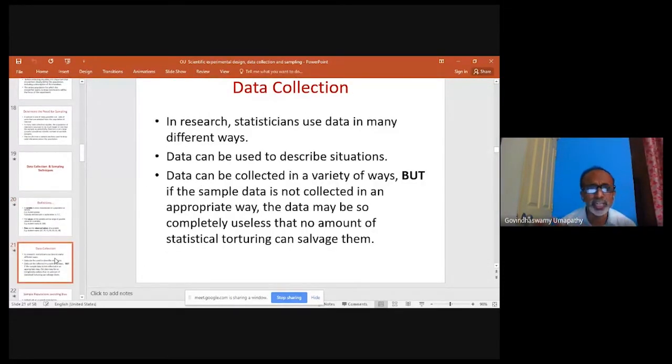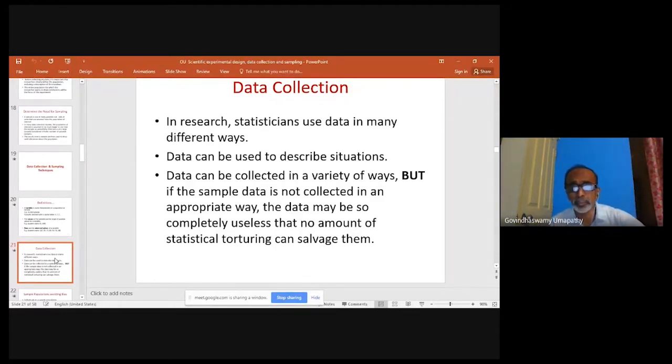In data collection, as I mentioned, research studies use data in many different ways. Data can be used to describe situations, and sometimes to explain something else. Data can also be collected in a variety of ways, but if sample data is not collected in an appropriate way, the data may be completely useless, and no amount of statistical torturing can salvage the problem.